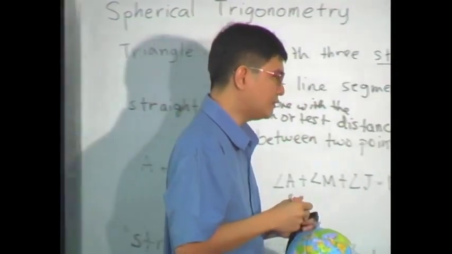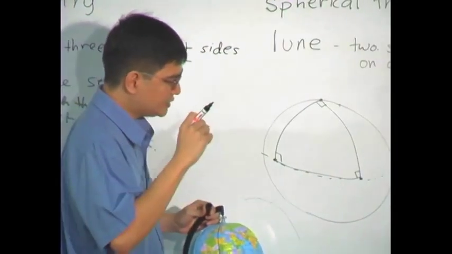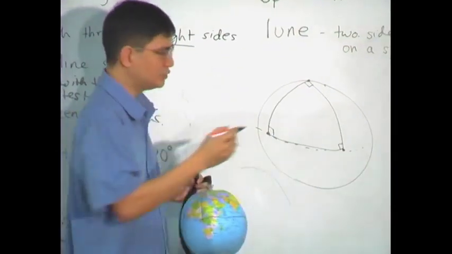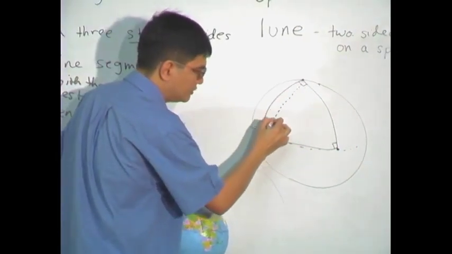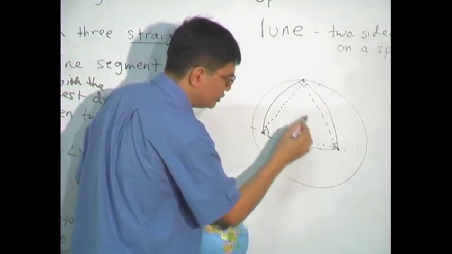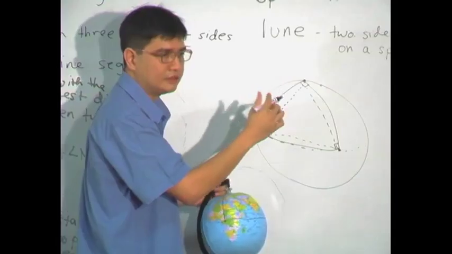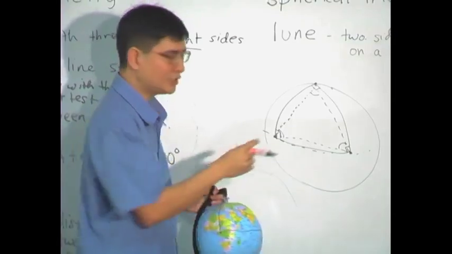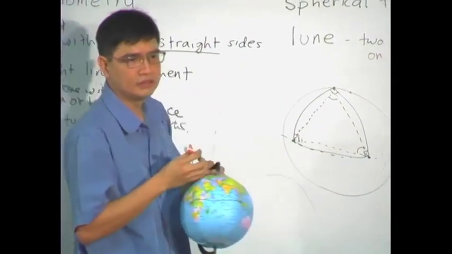But if you think about it, if you really wanted the shortest distance between these 2 points, you would have to dig under the ground, no? It would have to pass through the earth. But if you think about it, you would create a flat triangle whose sum of the angles would be 180 degrees. It would actually be a 60, 60, 60 triangle.